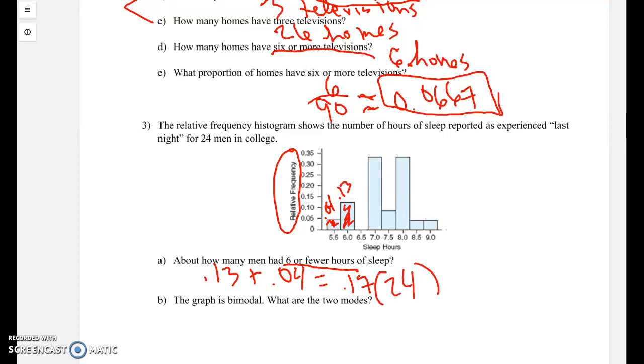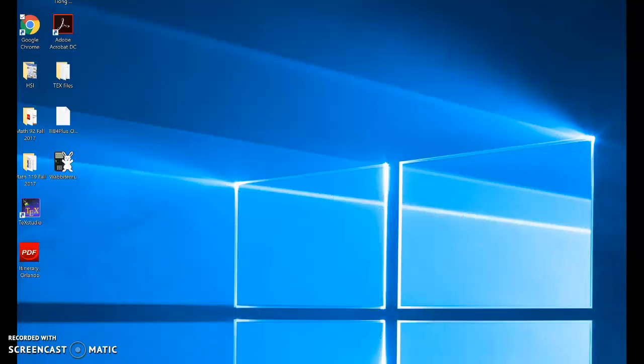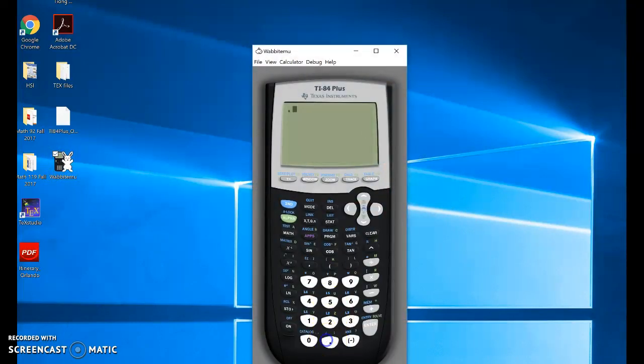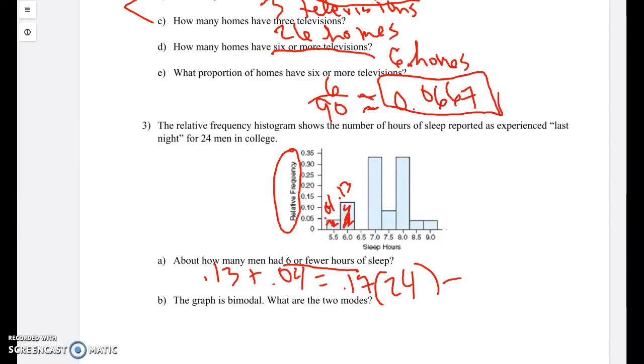I don't have my calculator with me, so let me find one. Okay, I'm going to take 0.17 and multiply it by 24. What I'm going to get is approximately 4. About 4 men, because we're just estimating more or less.